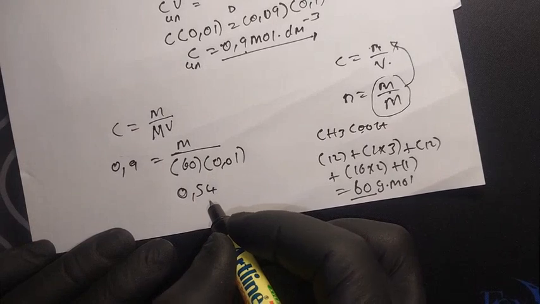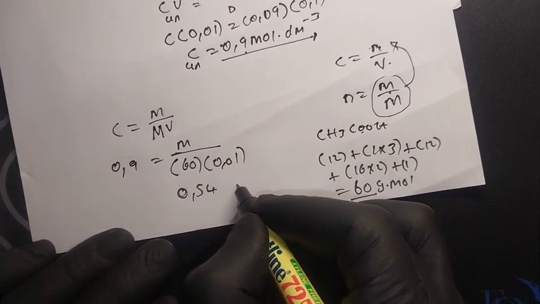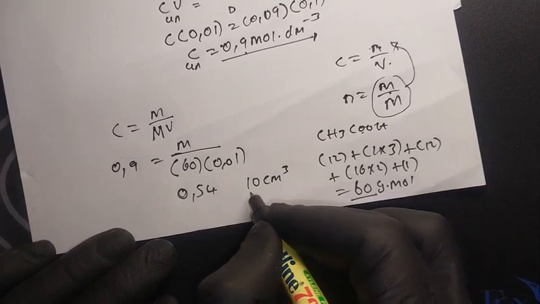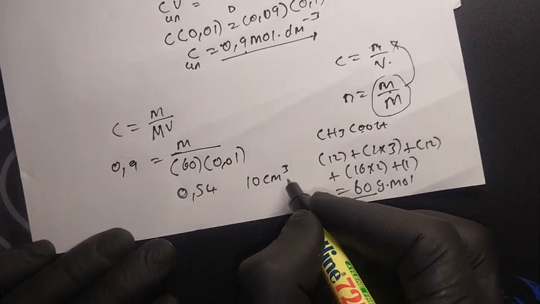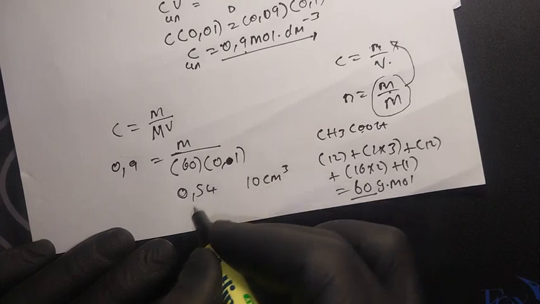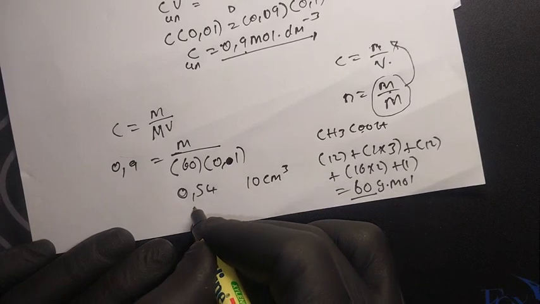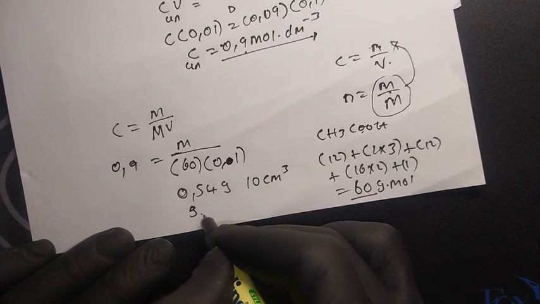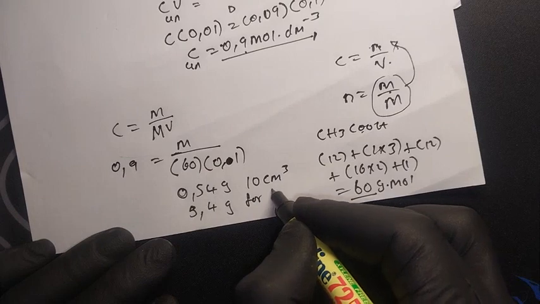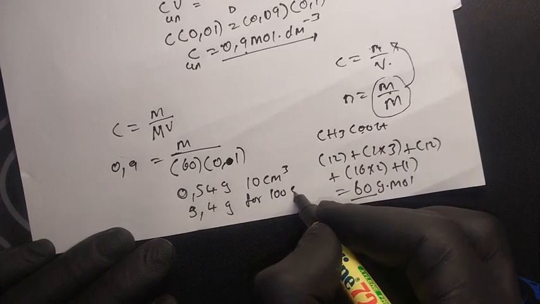This is for every volume of 10 centimeter cube, which means for 100 centimeter cube we change the value here and put 0.1. When you put 0.1, we find that it's 5.4 grams for 100 centimeter cube.